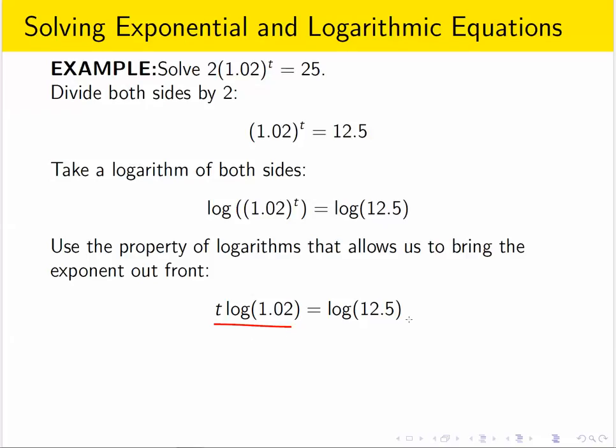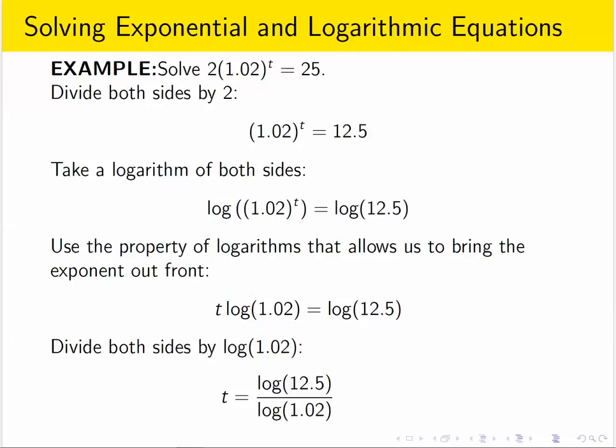And then to isolate t, we'll divide both sides by that number, log of 1.02. So we have the log of 12.5, which was on the right side, divided by log of 1.02, which had been multiplying t on the left side until we moved it over. This is the exact value, and then plugging that into a calculator to produce a decimal approximation gives us approximately 3.64.